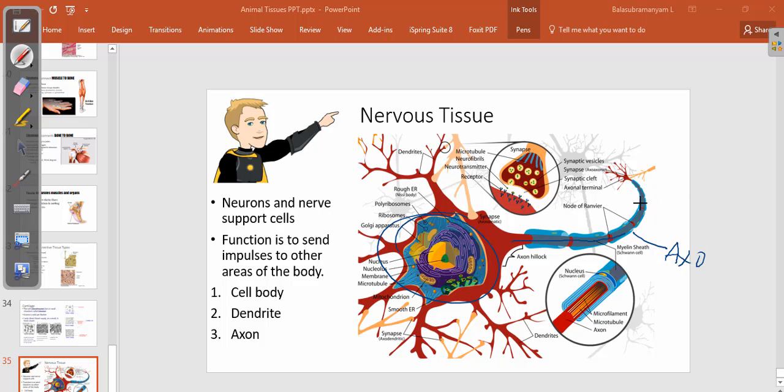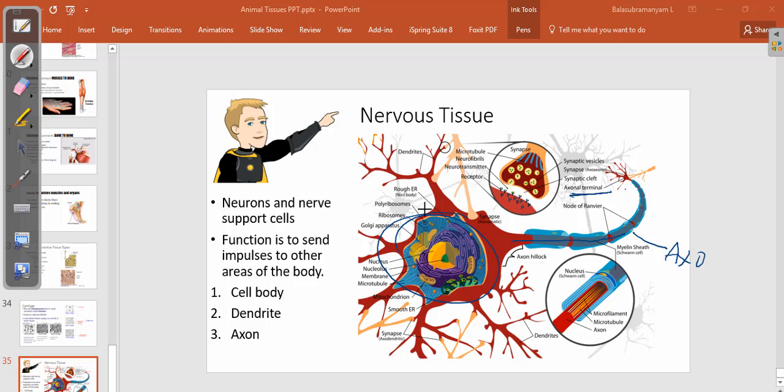It is a stretching region, and then you can see the axon ends at a particular region. It is called the axon terminal. Over the surface of the axon, you can see the nodes of Ranvier, and then you can see similar particles in the neuron that you see in the cell as well.